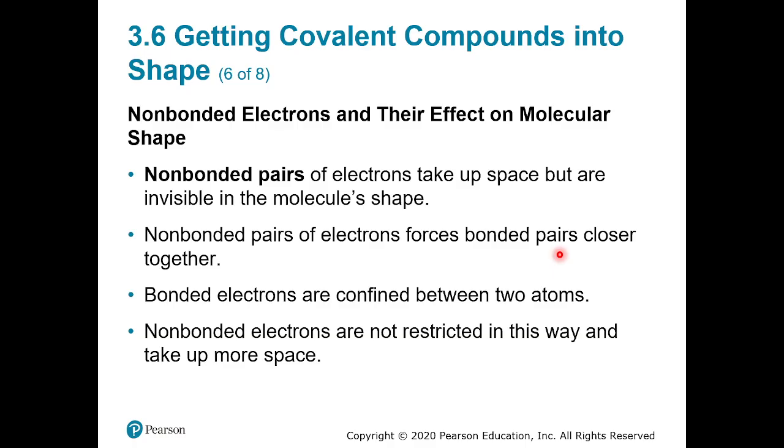It takes up a lot of space. If you have 2 people, one on each side, that thing doesn't swing at all, does it? It just stays right in the center, and you don't get a lot of movement. Okay? So non-bonding electrons, not restricted. They're going to spread out. They're going to take up more space, like that desk swinging around, right?